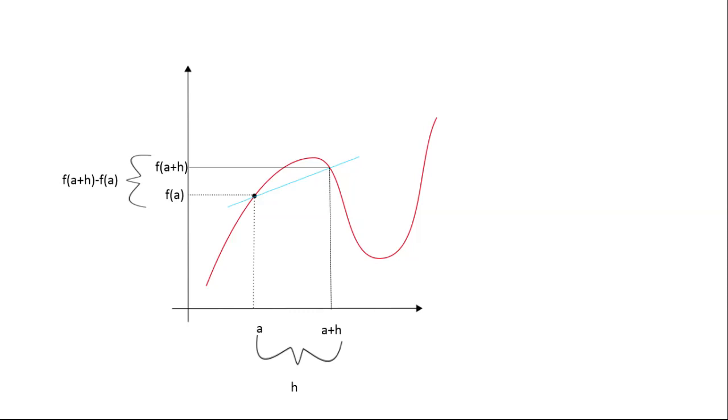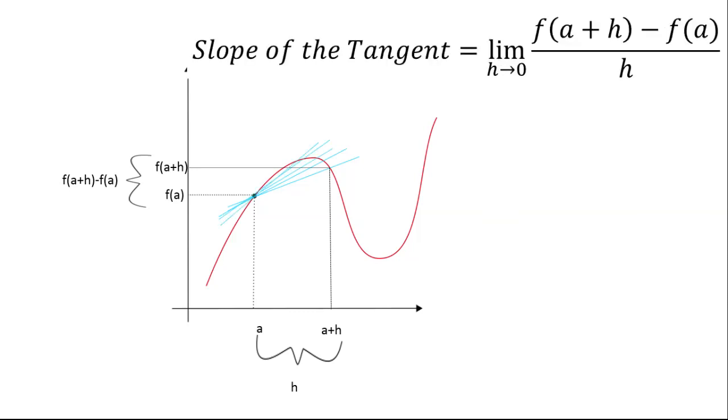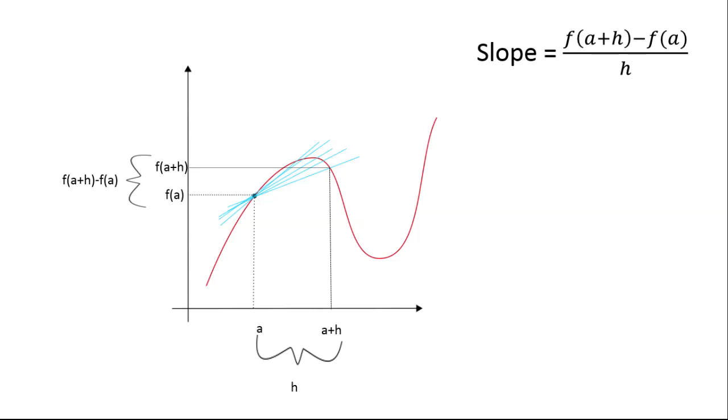So the slope of that line is f of a plus h minus f of a all over h, rise over run. So what we're going to do to find the derivative at that point, or the slope at that point, is make h smaller and smaller. We bring that point closer and closer to my a. So eventually those blue lines will give me the slope of the tangent.